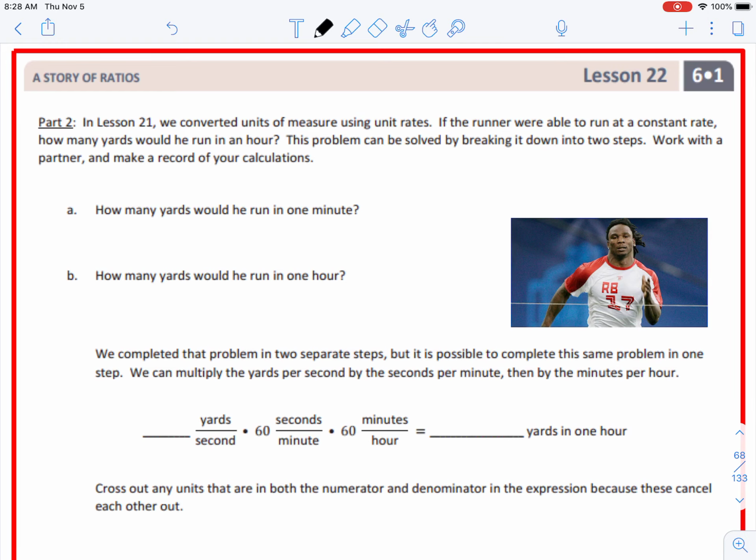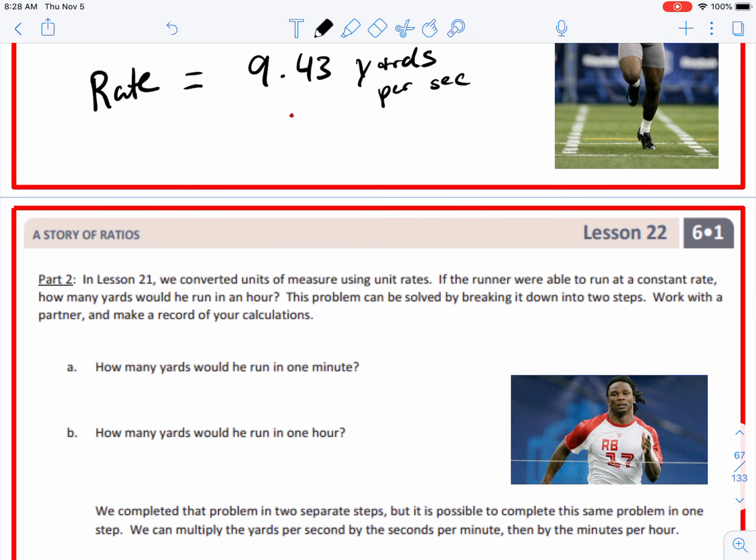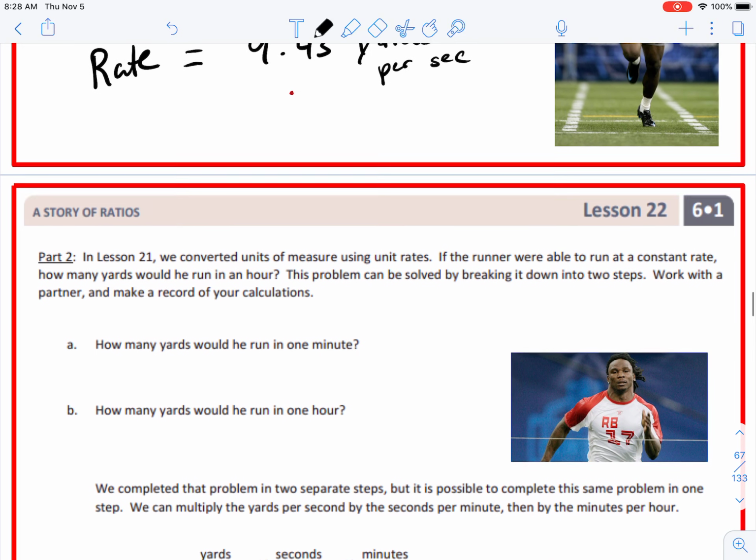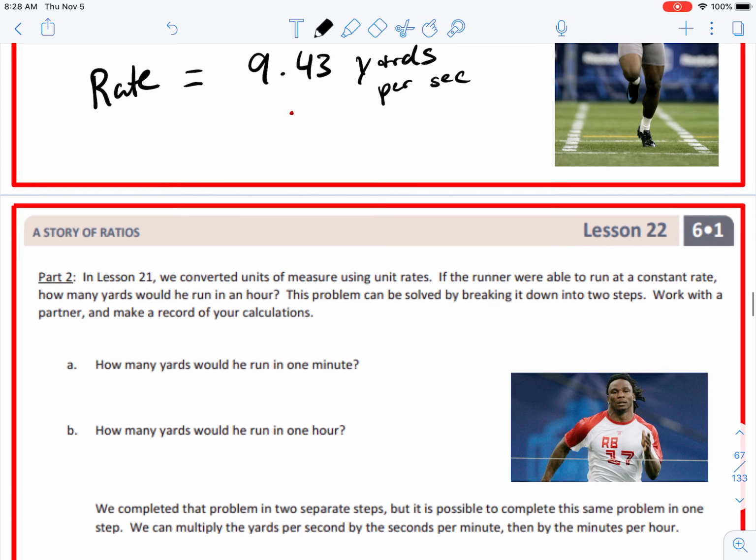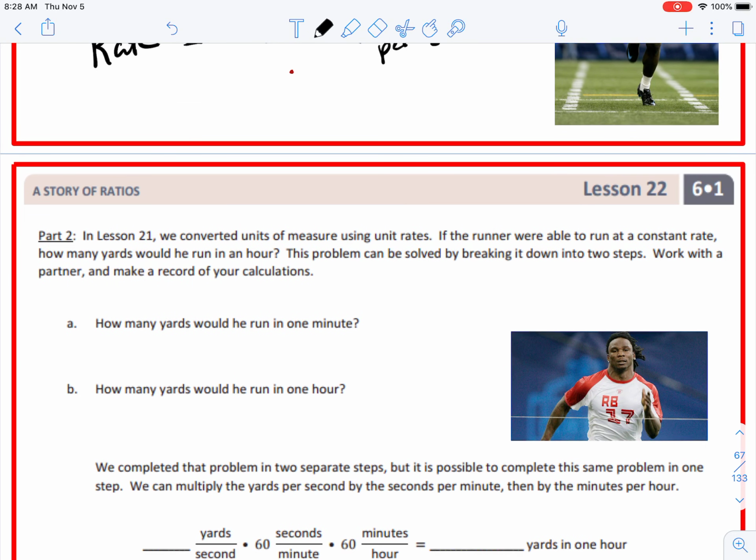Letter A says how many yards would he run in 1 minute? Well, how many seconds are there in a minute? There are 60 seconds. So if he runs 9.43 yards per second, we have to multiply that by 60 to figure out this answer. So do that real quick in your calculators.